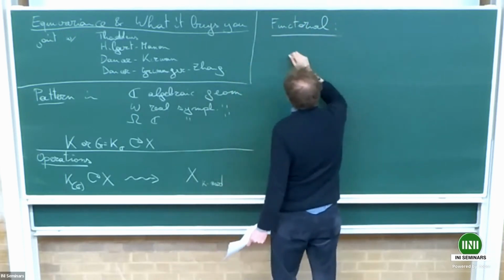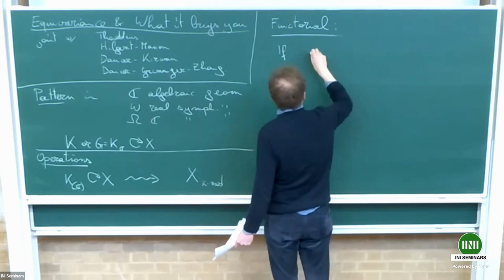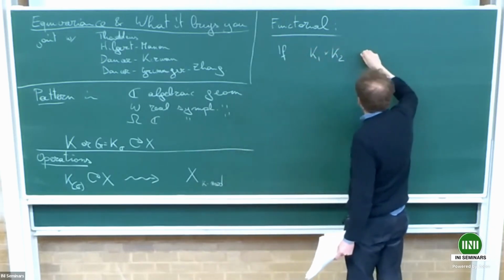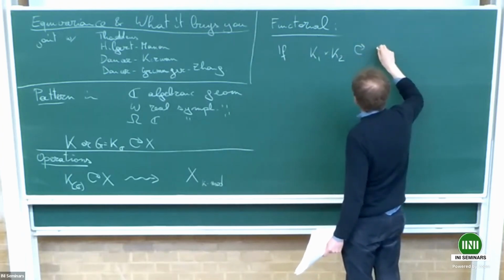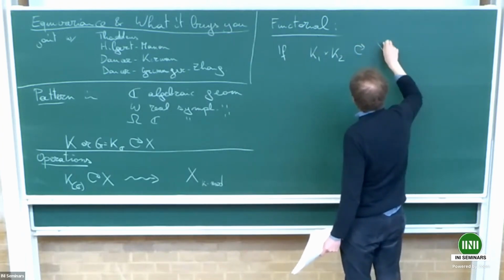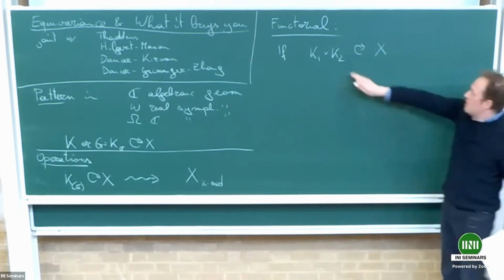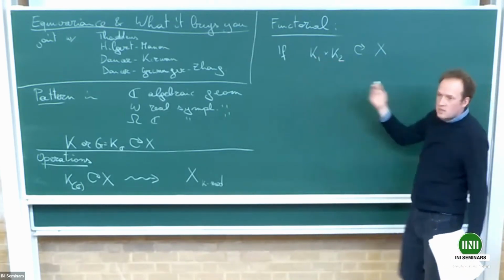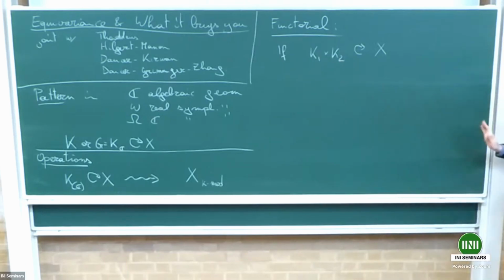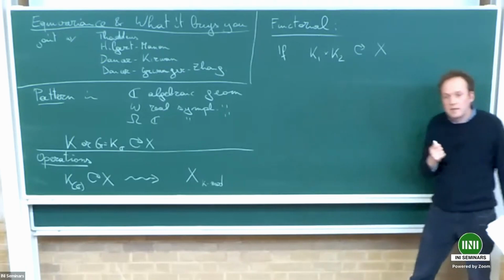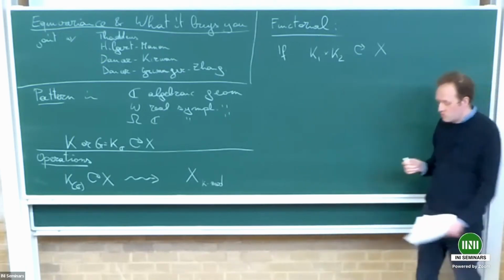So if I have two commuting actions, let's say K1 times K2, or their complexifications, that act on a space X, then typically if I modify by using one of the two actions, the other action descends. And so I can then choose in which order I apply this. And I want these two actions to commute.